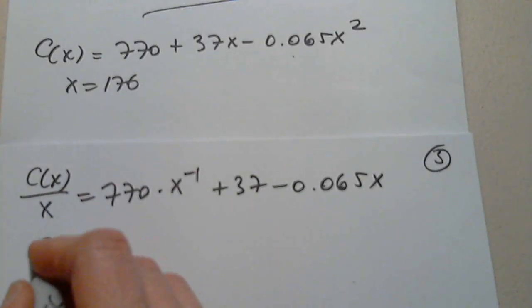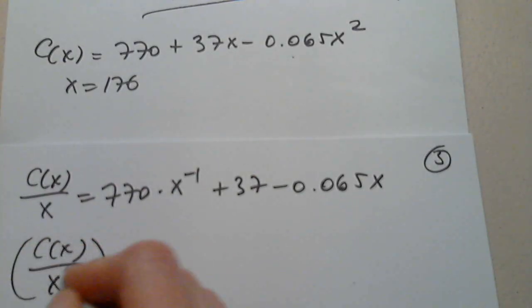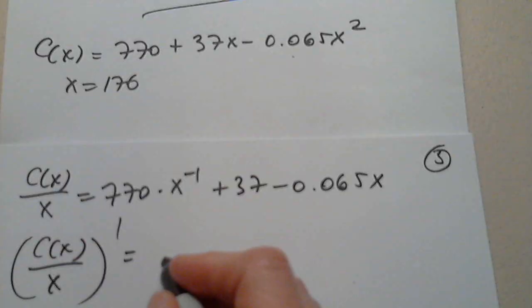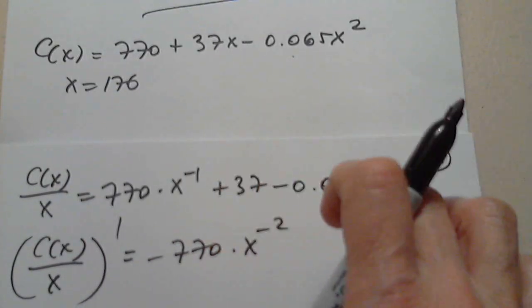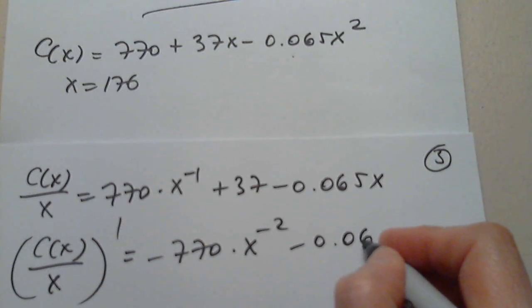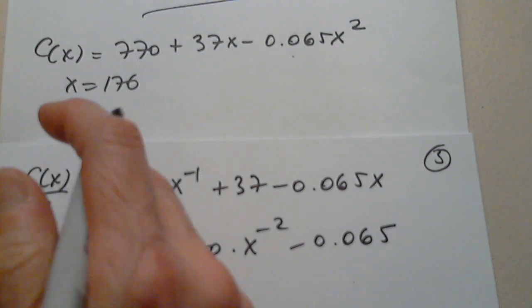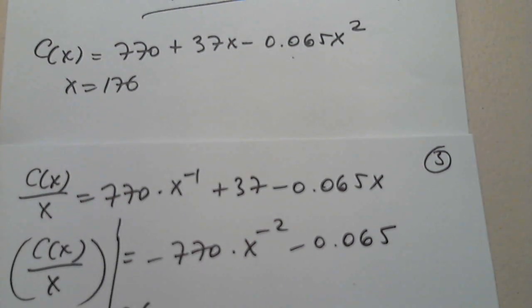And now we differentiate. We bring down negative 1, x to negative 2, this prime is 0, and this prime is negative 0.065. You just have to plug in 176, and that's it. Any questions on this problem?